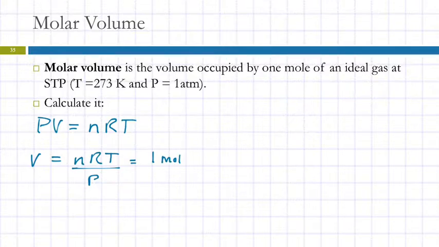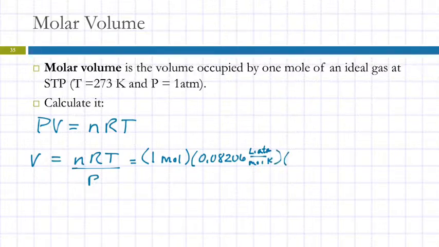Because we're calculating the volume of 1 mole, we can say we're going to calculate the volume of exactly 1 mole, right? We're not actually measuring it. Then we need R, the ideal gas constant, in liter atmospheres per mole Kelvin.